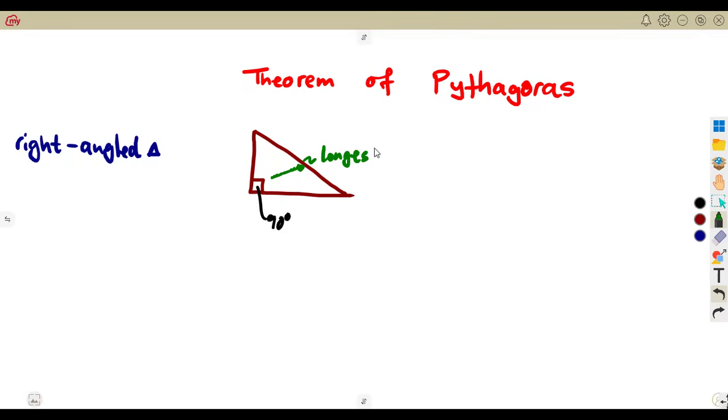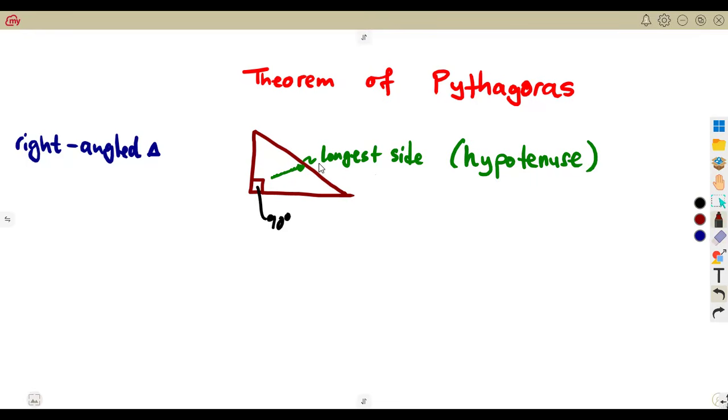It is the longest side ever that we are going to have in a right-angled triangle. Remember, this was taken from the Greek. From those Greek names, that is where we have the hypotenuse. It is just a special name, but it simply represents the longest side.